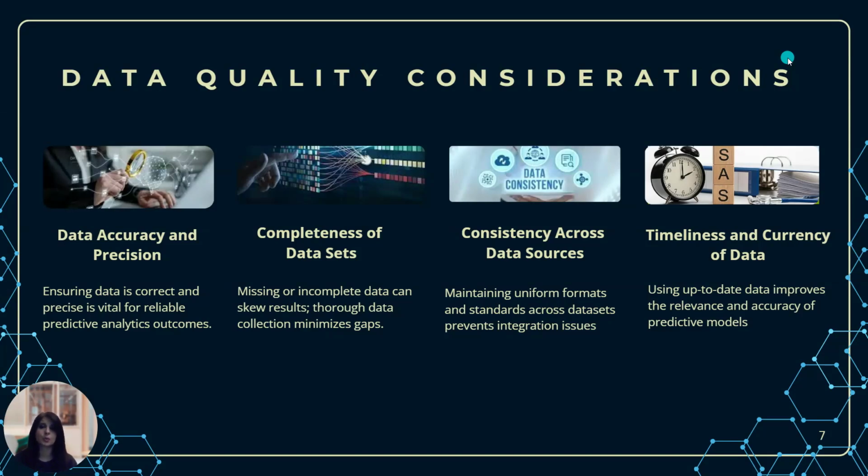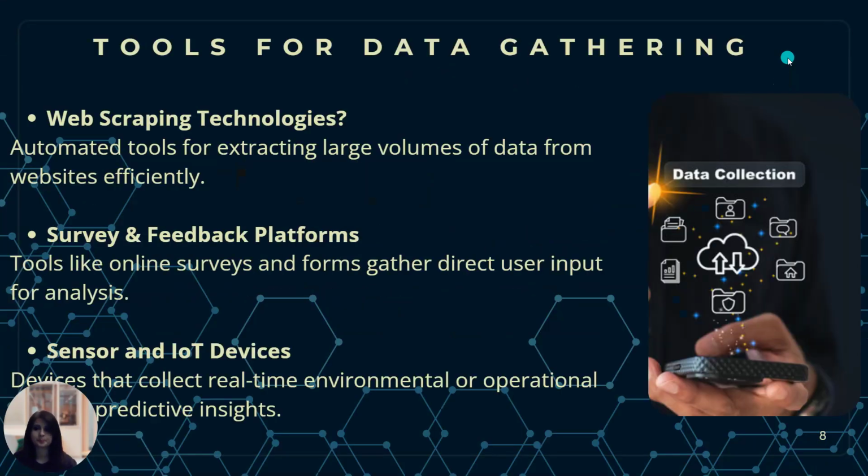Consistency across the data sources, which means that uniform formats and standards across the data sets should be maintained, and there should be no problems with integration issues. And finally, of course, the timeliness and currency of data. We're using up-to-date data that improves the relevance and accuracy of the predictive models.